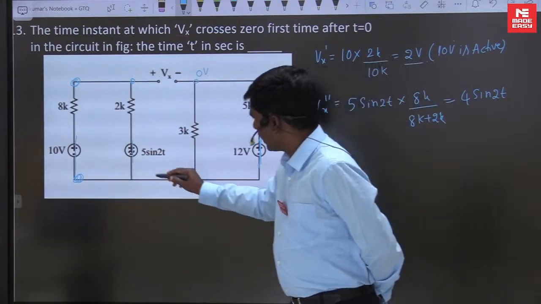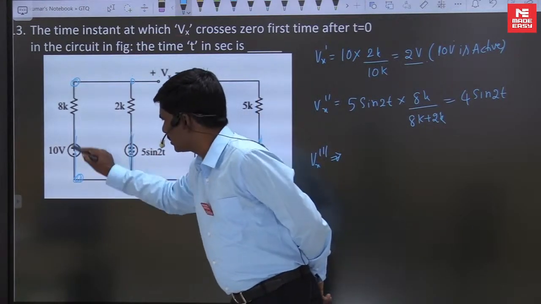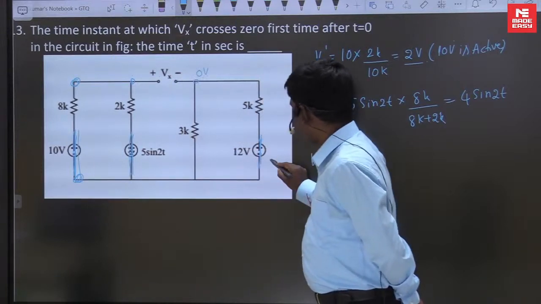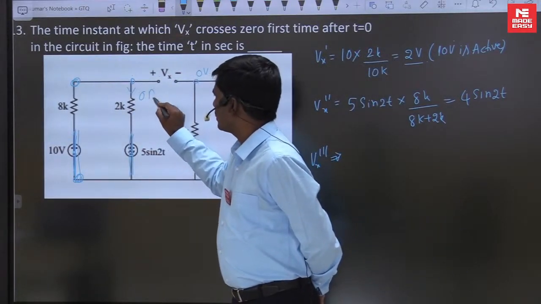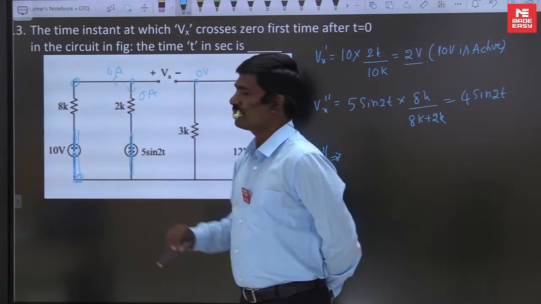So here one source is short circuited, another is short circuited, only this one is active. No current is flowing here, 0 amperes, and here 0 amperes.